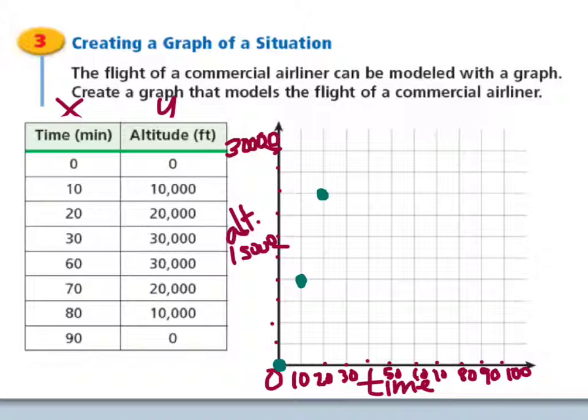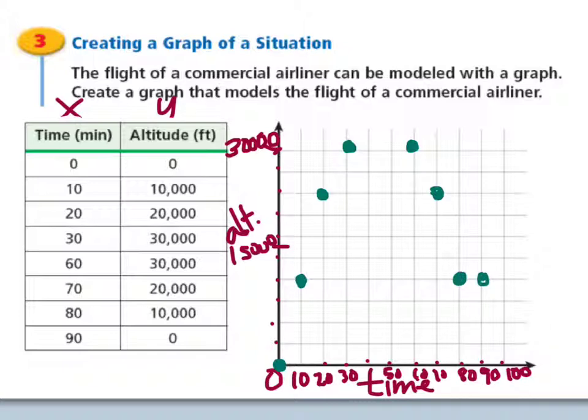Okay, at 30, we're going to be at 30,000 feet. At 60, so we're way over here now, at 60 we're going to be at 30,000 feet. At 70 we're going back down to 20. At 80 we're going back to 10.